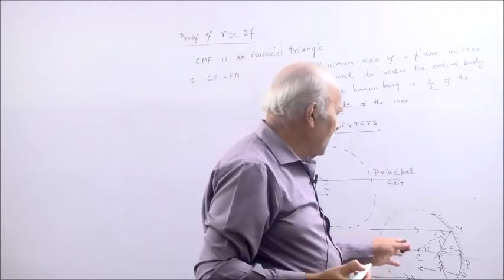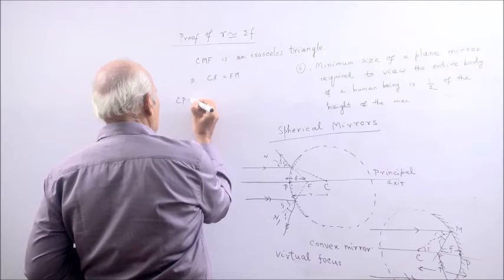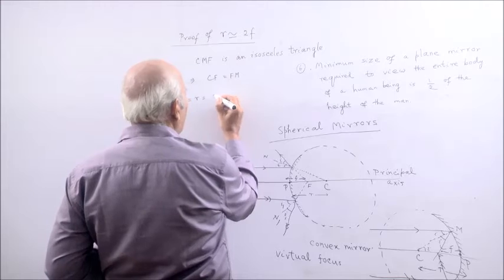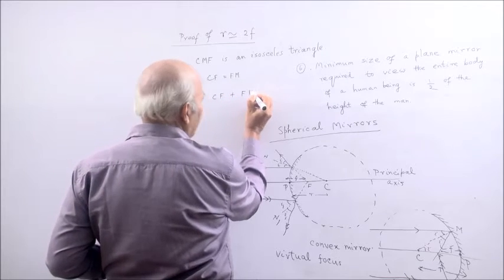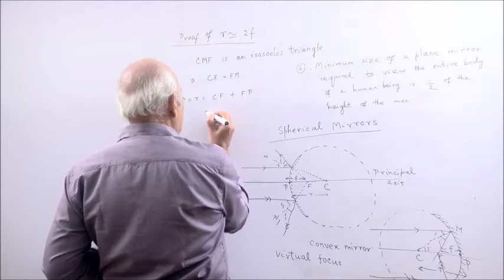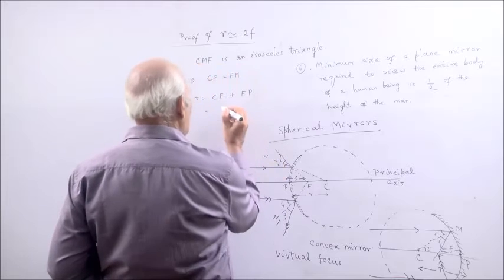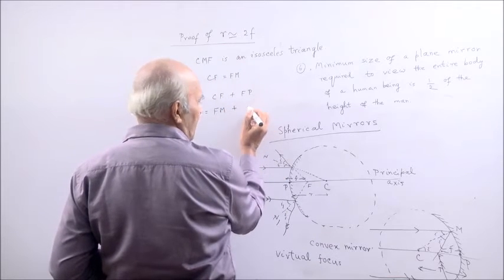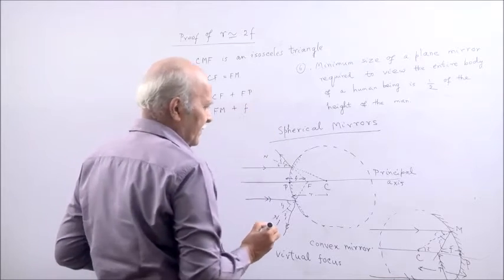Then what is CP? CP is equal to small r, which is equal to CF plus FP, and this CF is equal to FM, plus FP is your small f, that is focal length.